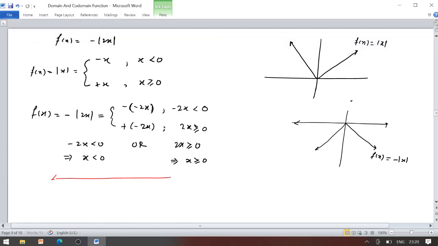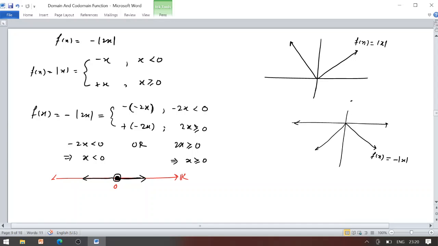So for that, consider a real number line somewhere where we have a 0 on it. As per the first inequality, x is strictly less than 0, so 0 is not included, and whatever real numbers lie left of 0 are always less than 0. As per the second inequality, 0 is included, so it is denoted by a solid circular dot, and whatever real numbers lie just right of 0 are greater than 0.